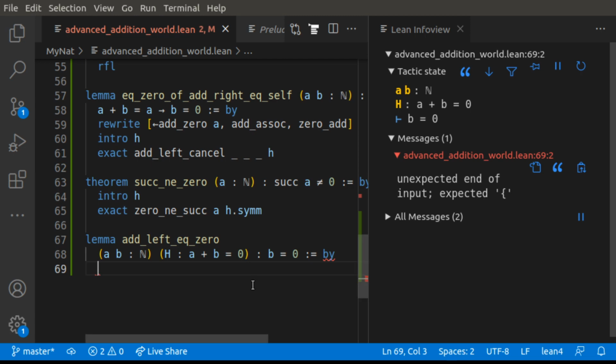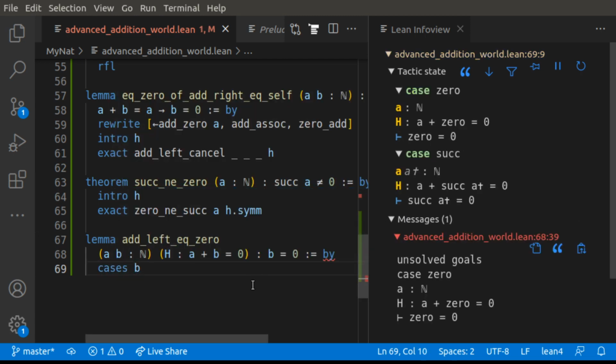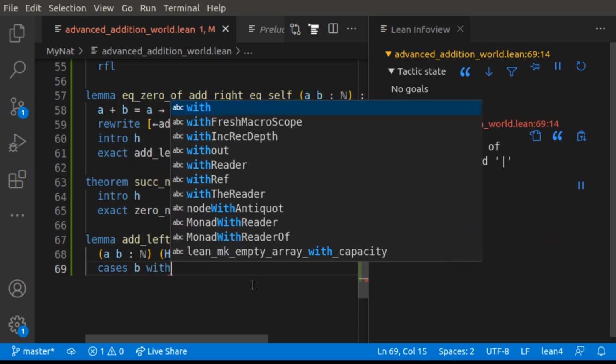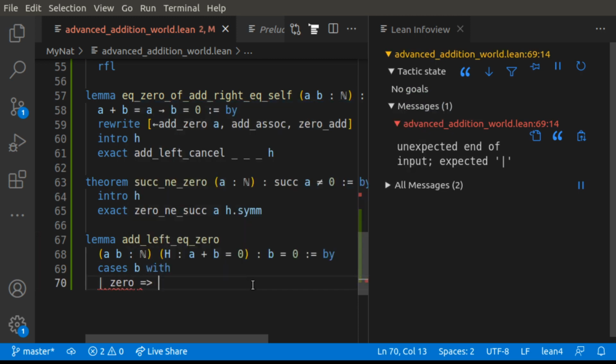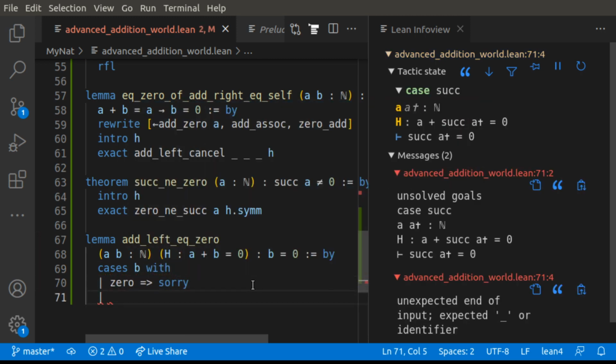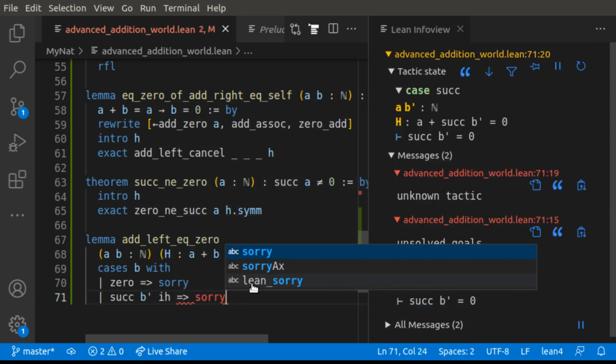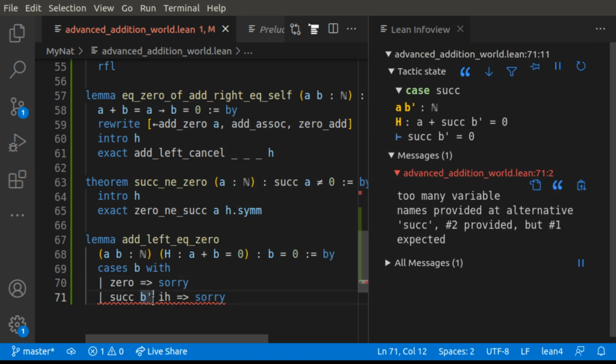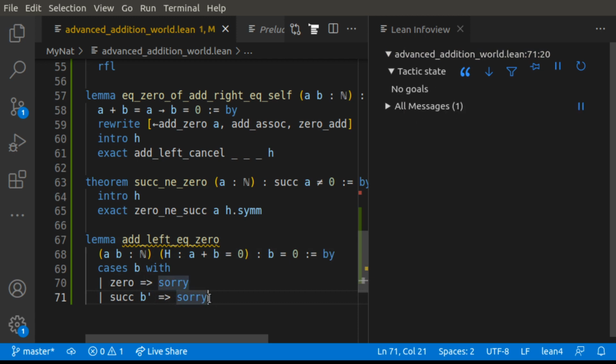Cases b with 0, sorry, successor b prime, next hypothesis, sorry. Oh, we don't have an induction hypothesis here.